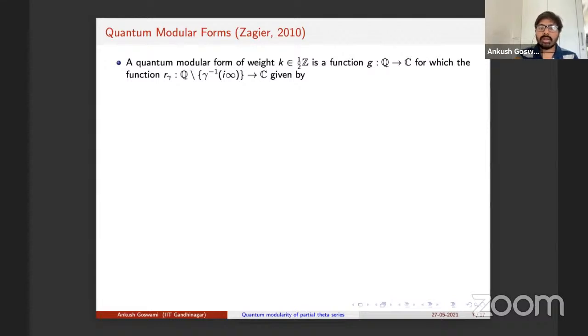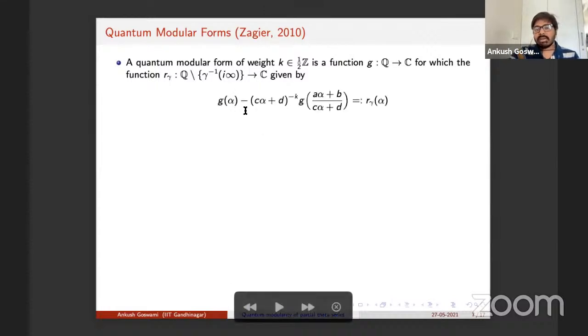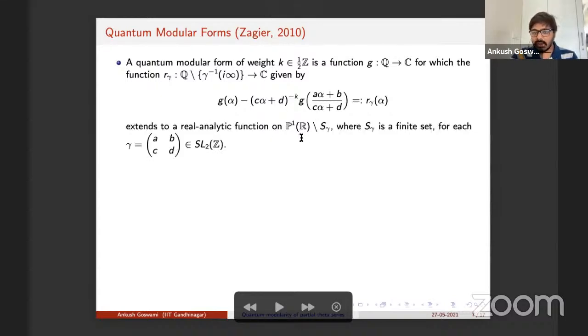A quantum modular form of weight k, which could either be an integer or half an integer, is a function g defined from the set of rational numbers to the set of complex numbers, for which this function r sub gamma, defined from Q minus gamma inverse of I infinity, this set, to the set of complex numbers, which is given by this difference g of alpha minus c alpha plus d to the power of minus k times g of a alpha plus b divided by c alpha plus d, and this difference is denoted by r sub gamma of alpha, should extend as a real analytic function on the projective real line, excluding a finite set of points s sub gamma for each gamma in SL2(Z). So this is basically the definition of a quantum modular form.